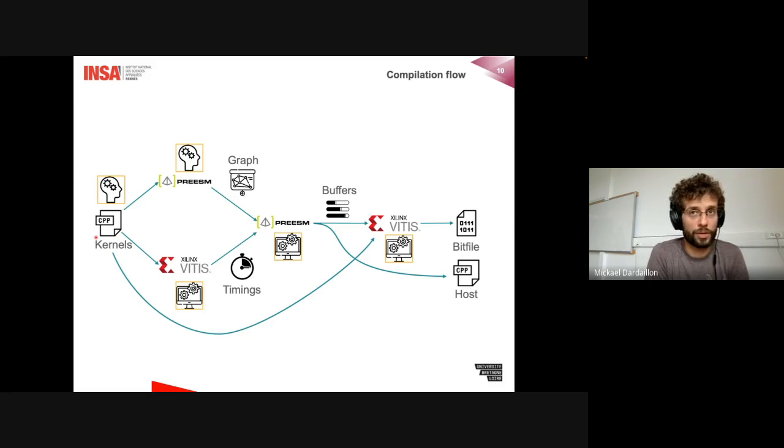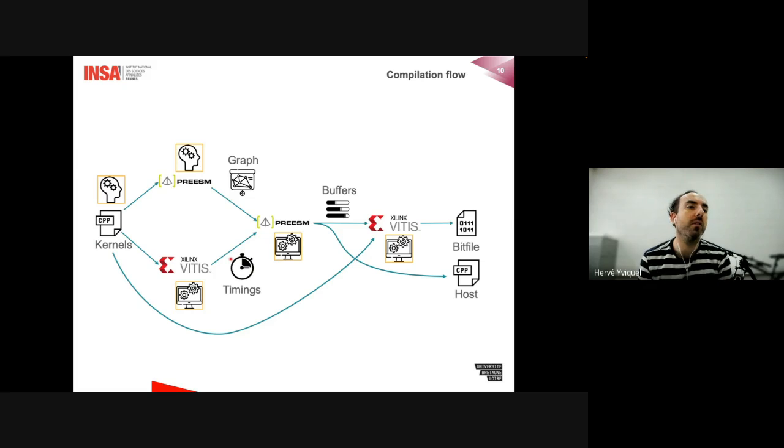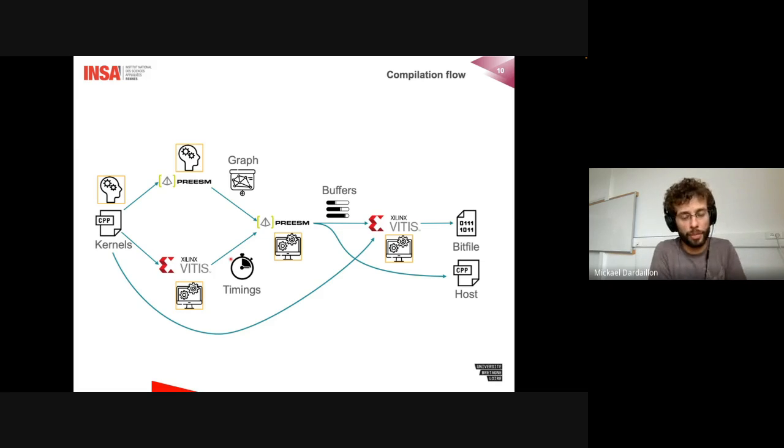We try to have applications which are realistic, so which are correctly implemented. But any kernel could be implemented as long as it reads and writes from FIFOs. And then Vitis is going to give us the timings. Yes, the only thing is that the performance would be horrible, but it would work. Maybe we'll use more buffer, but Prism will do the best that it can with those kernels.